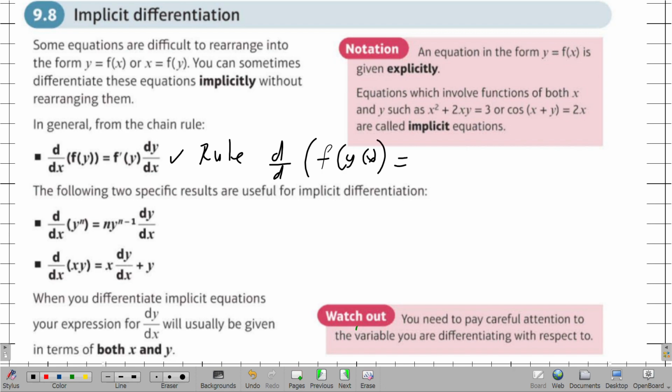It's the same as saying df over dy times dy, the inside function, with respect to dx. That's the chain rule. So we are going to use this rule to differentiate implicitly, and all the other techniques that you've done as well, including the product rule.